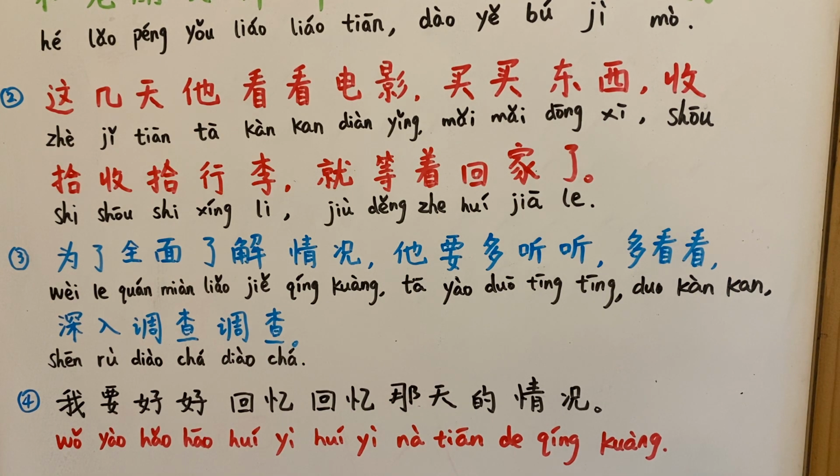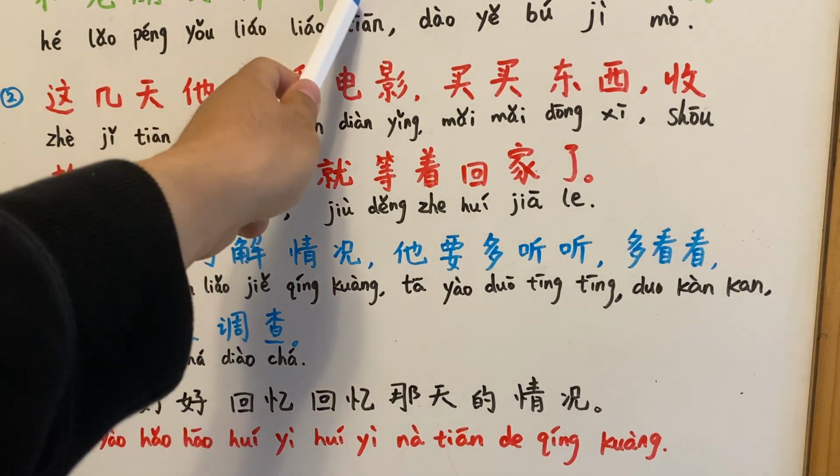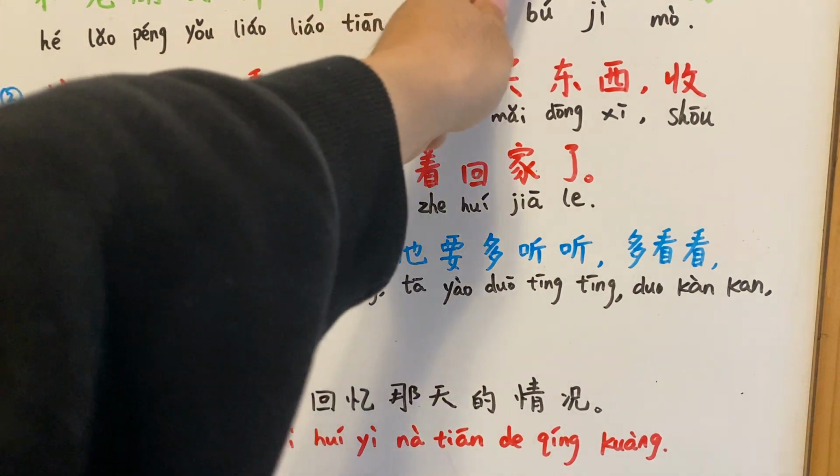So in this video, we have talked about two more situations in which verb reduplication can be used in Chinese sentences. The first one is when you want to express actions that don't have an exact time schedule, right? 聊聊天，看看书，下下棋.